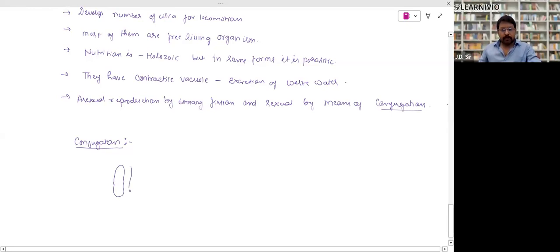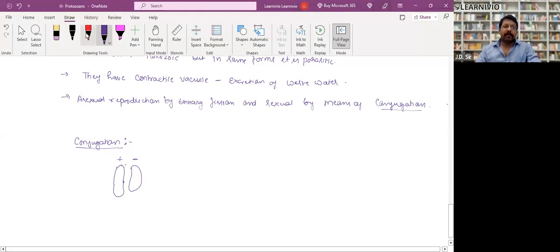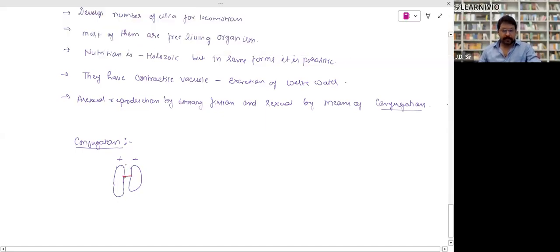come in close contact with each other. One is called positive, another is called negative, right? These are the paramecium. They develop between them a bridge-like structure, and this is their genetic material. This is called the conjugation bridge.